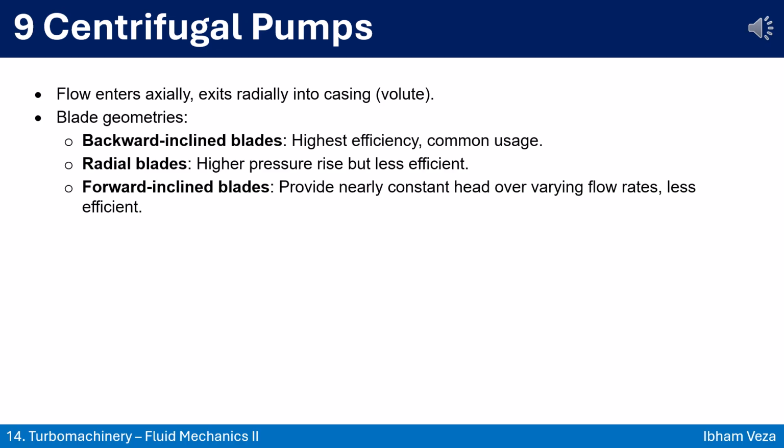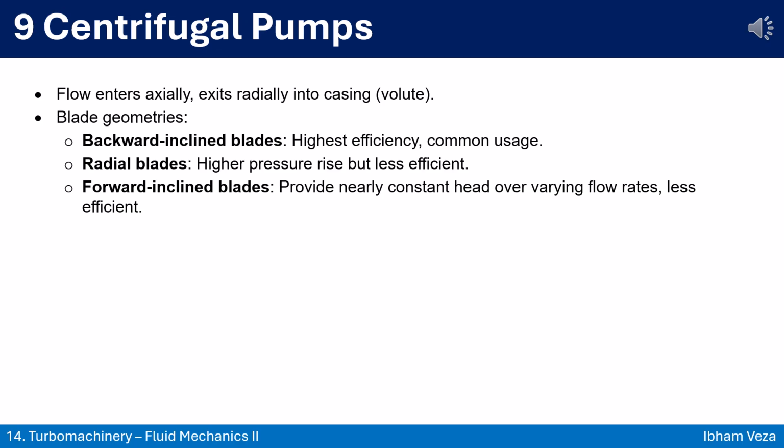Radial blades, positioned straight outward, deliver a higher pressure rise, but at the cost of efficiency. These are typically used when compact design and pressure buildup are more important than energy savings. Forward-inclined blades are designed to provide a more constant head across a range of flow rates.